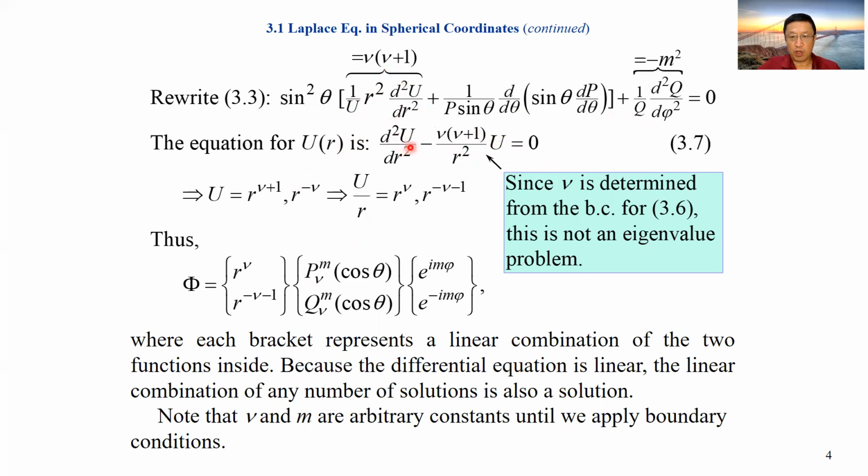The second derivative of u, r squared here, and r squared mu plus 1 u equals 0. Because we know this one equals here. So the solution for this one will be very easy. r to the mu plus 1, r to the minus mu.